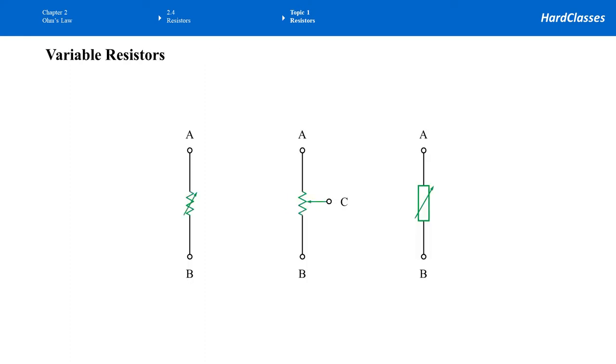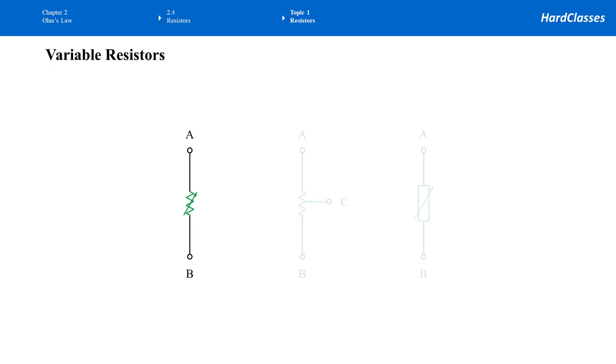This slide shows three different resistors. All these three resistors are variable resistors. The first one on the left is a generic symbol that represents variable resistors. It just means the resistor value can vary, can be changed. Its value changes when the environment changes.